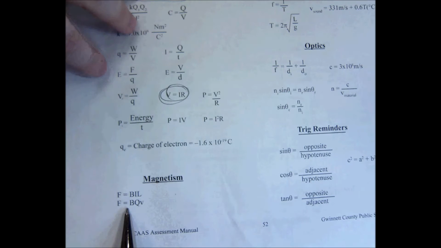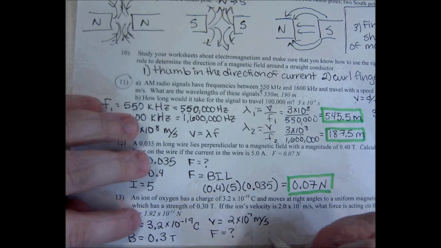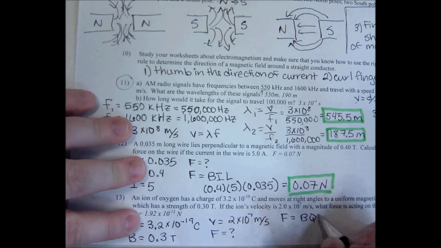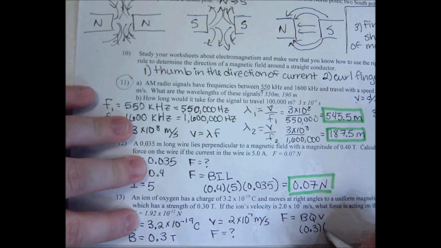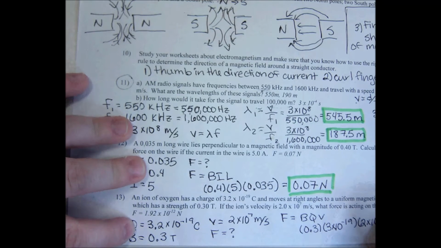We are, in fact, going to use F equals BQV. So 0.3 times 3 times 10 to the negative 19th times 2 times 10 to the 7th.